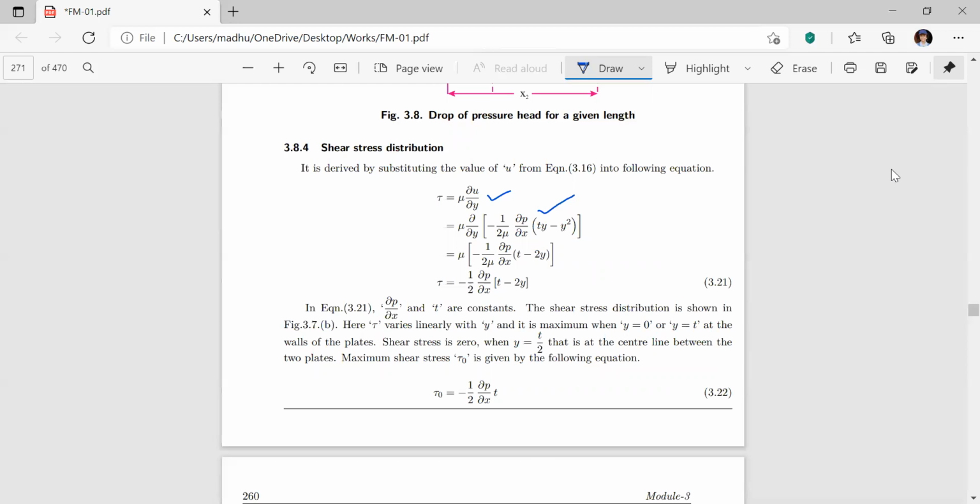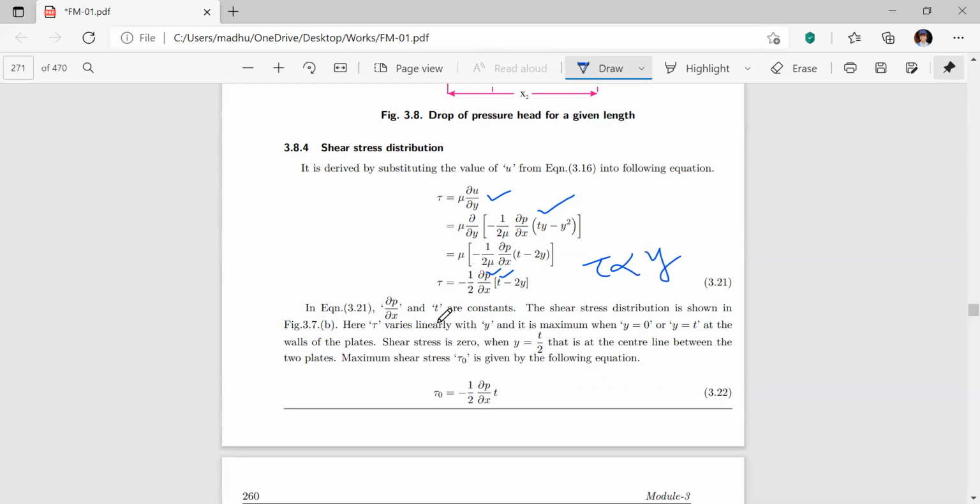Substitute that as minus 1 by 2 mu dp by dx into ty minus y square, and after the differentiation and final equation, we will get tau is equal to minus 1 by 2 dp by dx into t minus 2y. Again in this equation, dp by dx is constant, t is constant, and tau depends upon y.